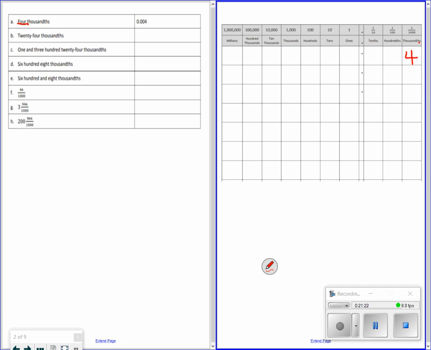Now what I am not allowed to do is have blank squares between the decimal and my digit. You see how I have these blanks? I can't have those. So I have to put zeros in there. You can't have blank squares between the decimal and your digit.